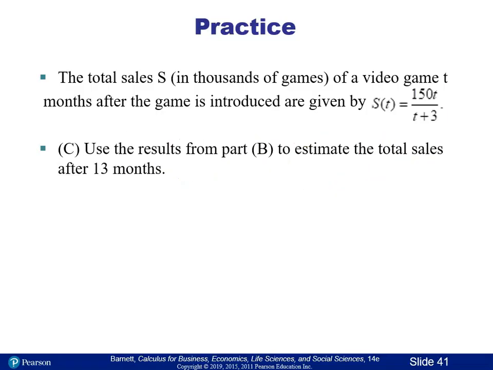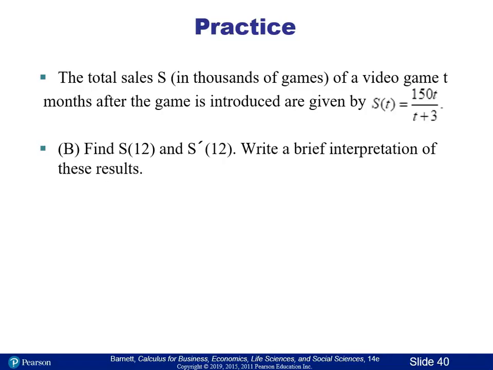Okay, so we want to find s of 12 and s prime of 12. This tells me go to the original s function and plug 12 into it. So s of 12 is going to be 150 times 12 over 12 plus 3. So that will be 120.